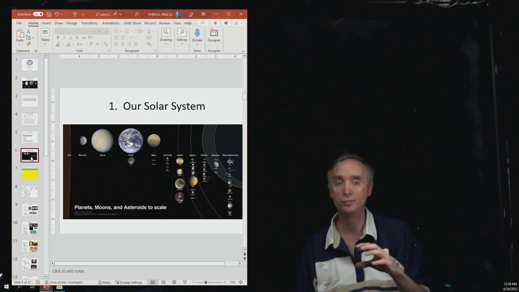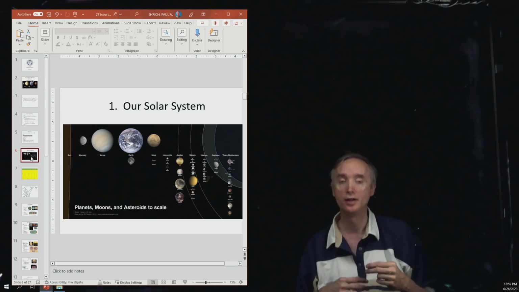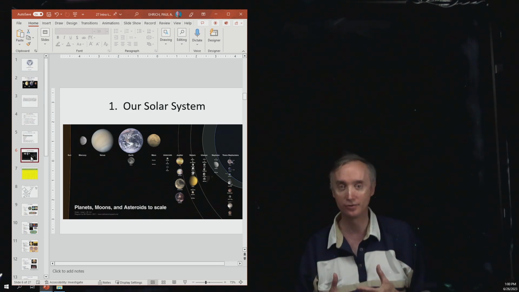Then you have the middle part of the solar system where you're going to have two different types of planets. You're going to have gas giants such as Jupiter and Saturn, and they're gas giants because they're composed of hydrogen and helium primarily.